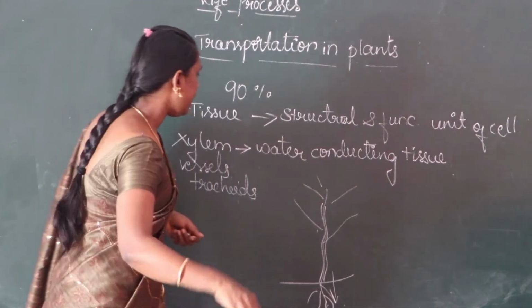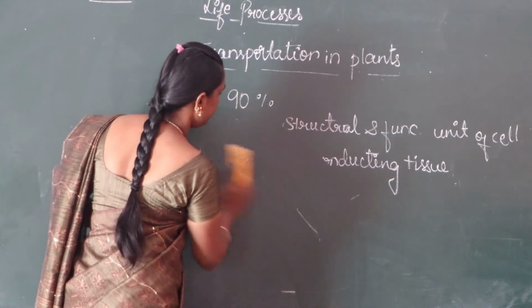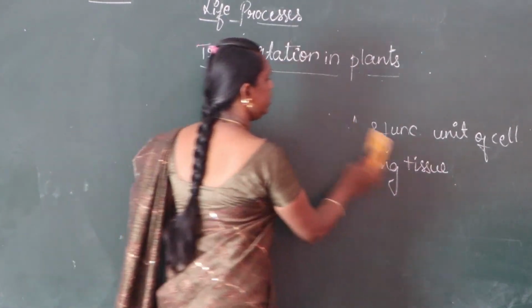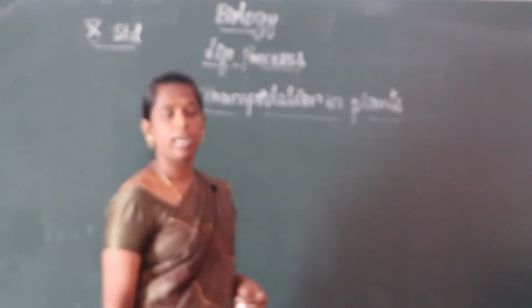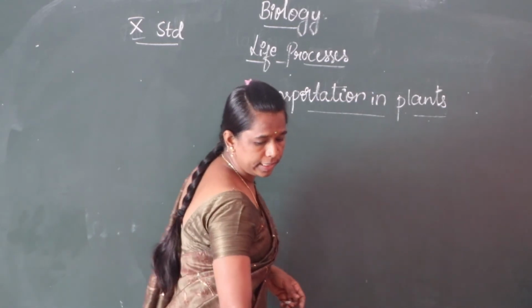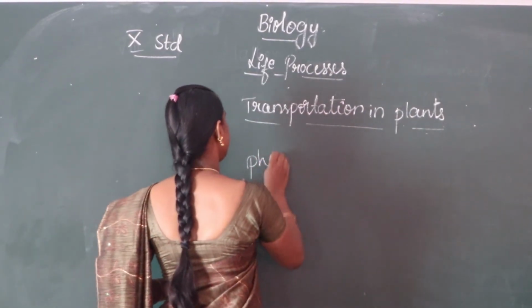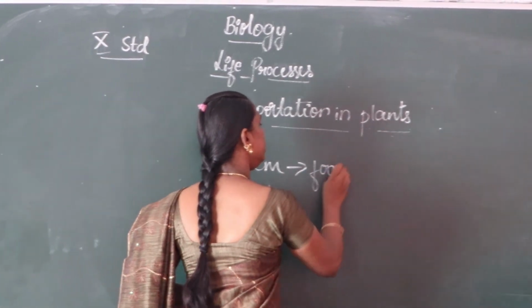The next tissue name is phloem. Phloem is a food conducting tissue.